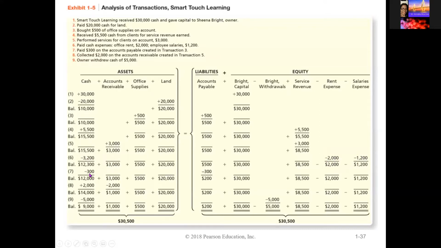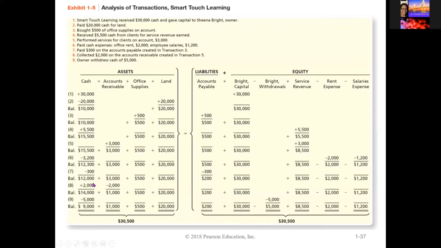Transaction 7, $300 paid on accounts payable, created in transaction 3, right here. So you see the 300 here, 300 here on the right side, accounts payable. So now accounts payable is decreased by the $300, so the balance in accounts payable is $200.